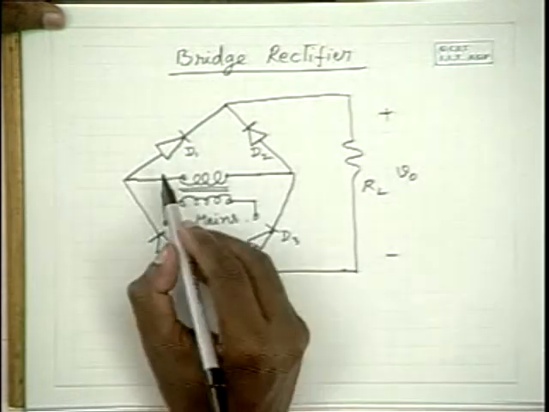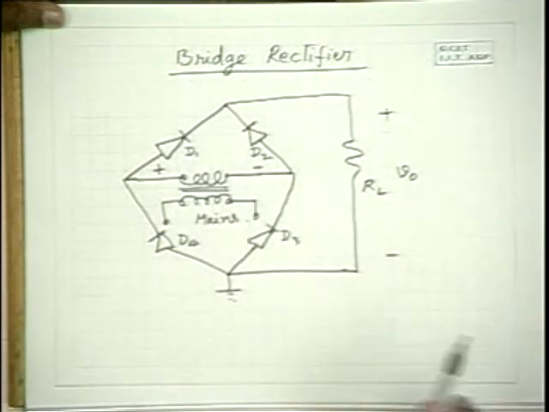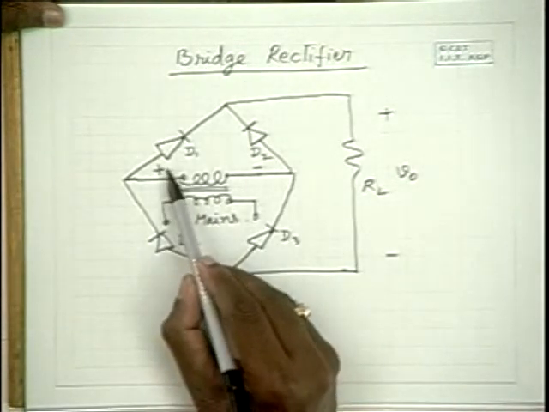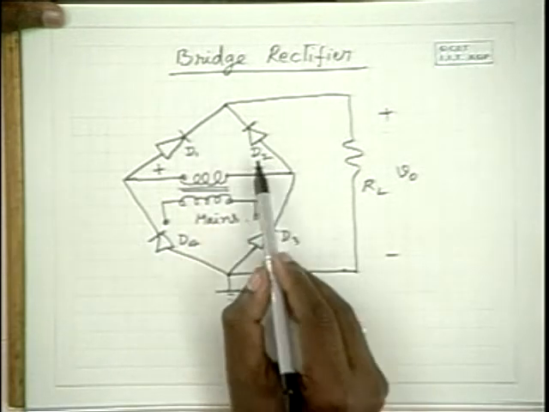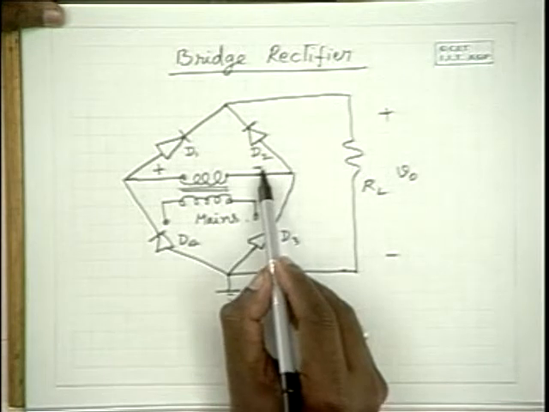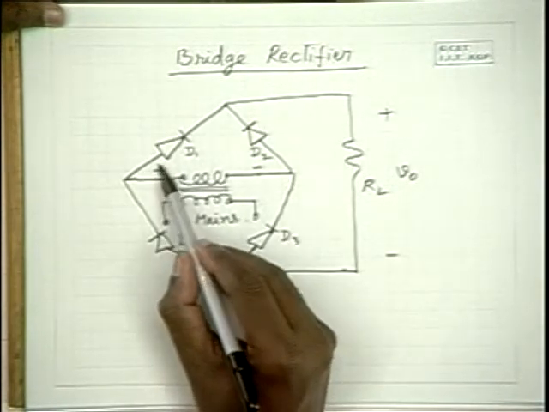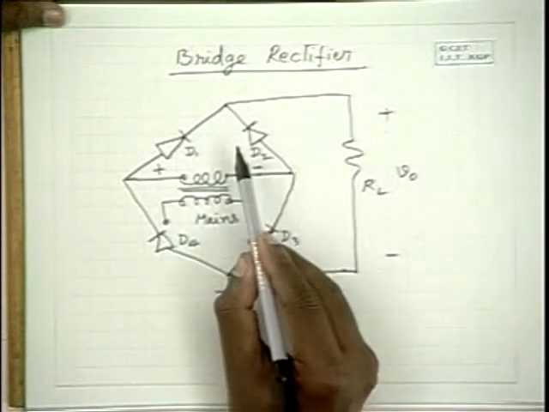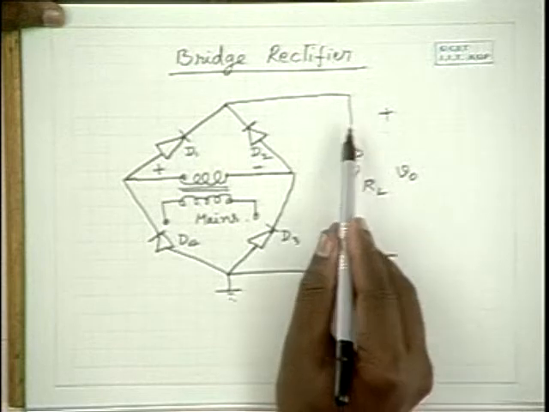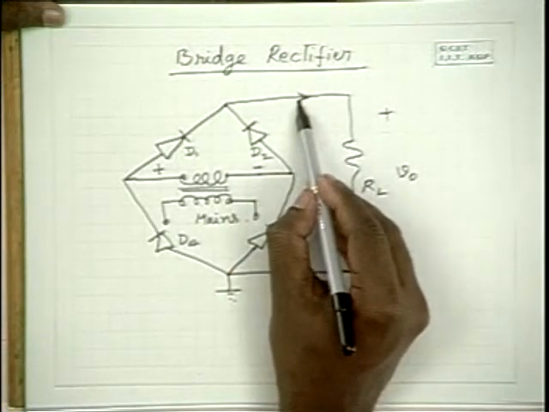Now during the positive half cycle, this side is positive compared to this, and as a result D1 would be forward biased and D2 would be reverse biased because its anode is connected to the negative most point. So D1 is forward biased, and this voltage is transferred to the load on this side, and the current goes through this load resistance in this fashion.